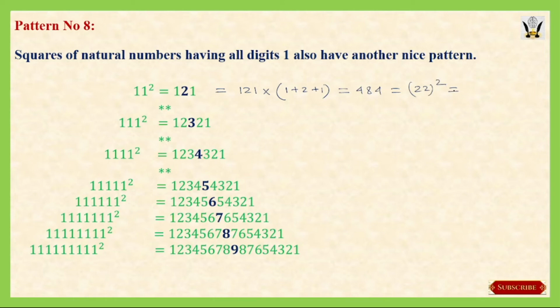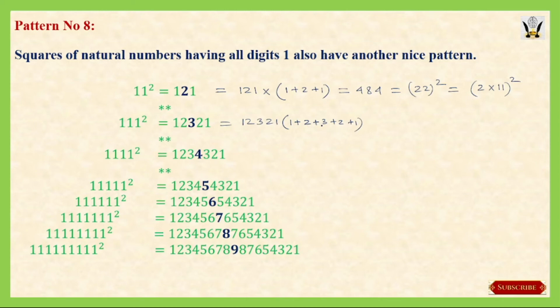And 22 is 2 multiplied by 11, and then square of that. Similarly, for the next relationship, the square of 111 is 12321, and if we multiply it by the summation of these five digits, how much will the summation be?